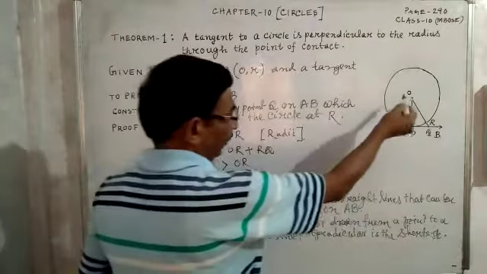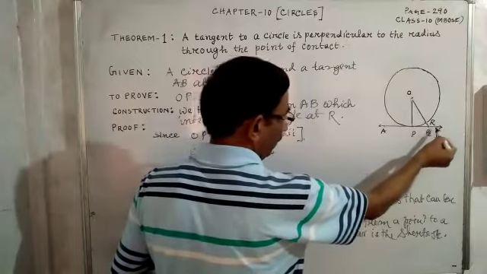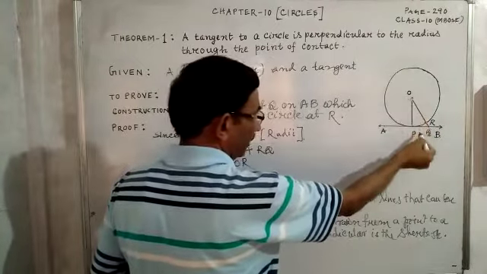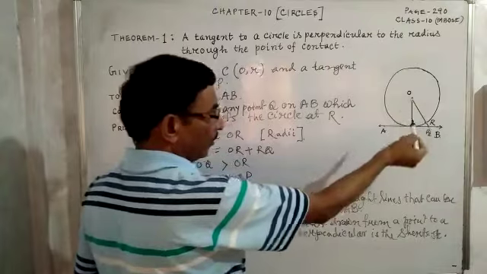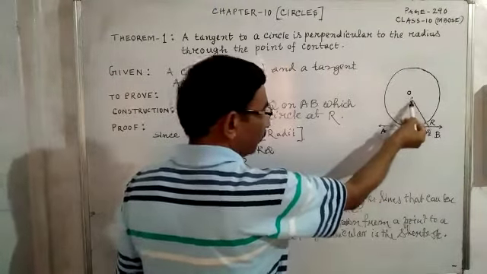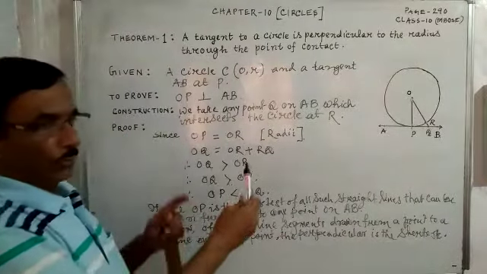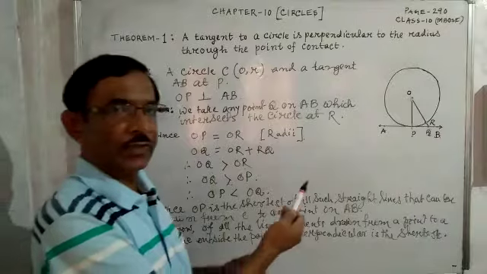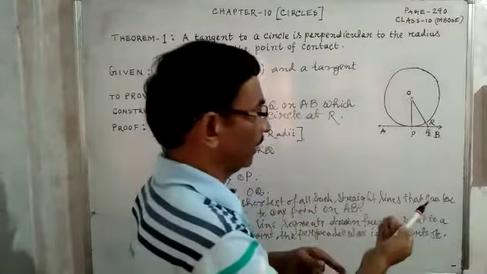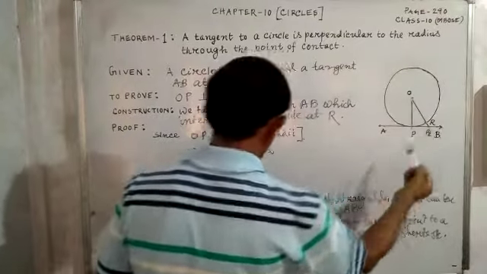So see, from O on AB, suppose we take so many points and join them by lines, then we can show that out of all the lines, this OP is the shortest. And if OP is the shortest, what do we know? From all the lines, the shortest line is the perpendicular. That means we can say this OP is perpendicular to AB.